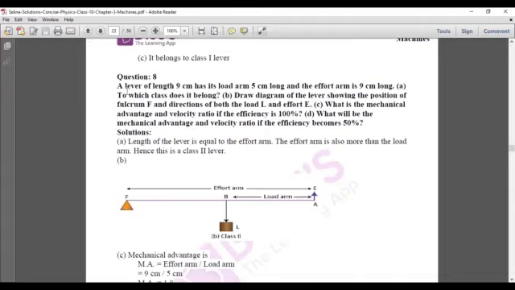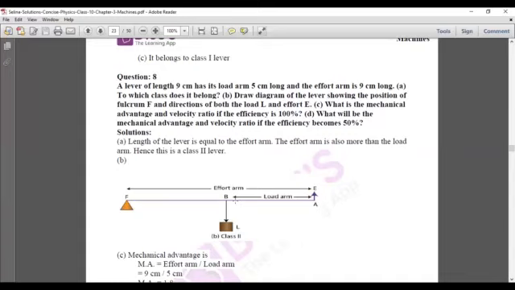Eighth one. A lever of length 9 centimeter has its load arm 5 centimeter long and effort arm 9 centimeter long. To which class does it belong? Second one, draw the diagram for lever showing the position of fulcrum and direction of both load and effort.